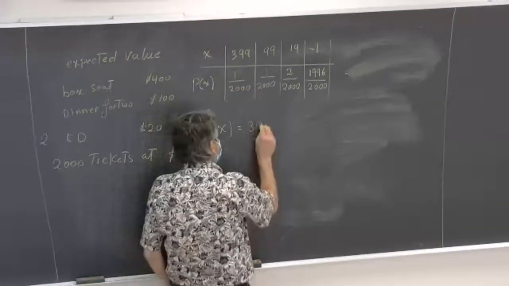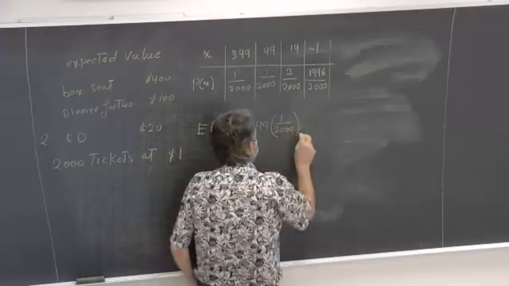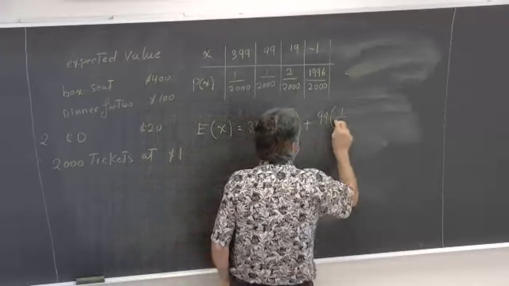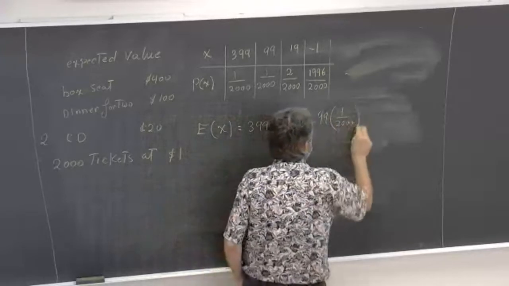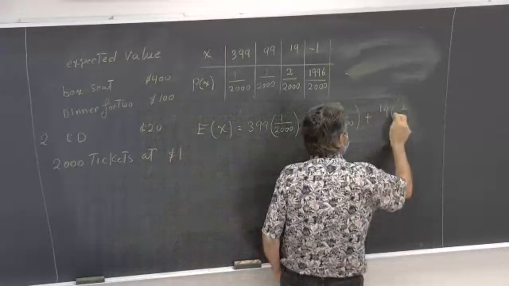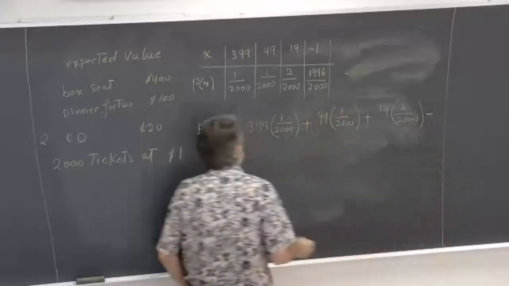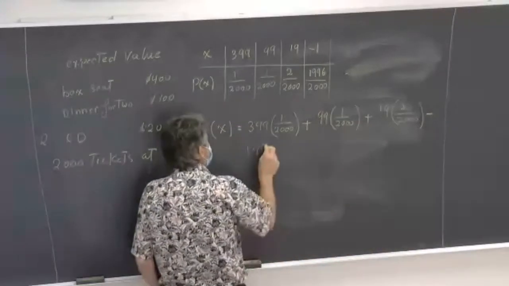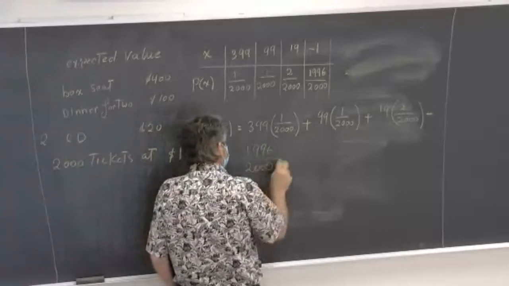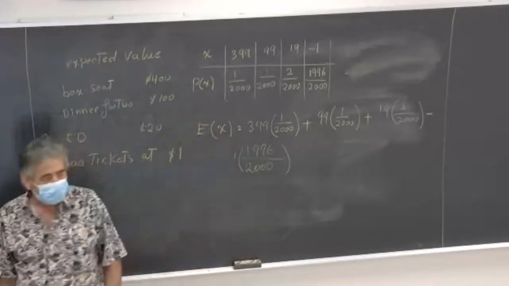So that's 399 times 1 over 2000 plus 99 times 1 over 2000 plus 19 times 2 over 2000 minus 1996 divided by 2000, and that's multiplied by 1, right? Because the value you lose is 1.